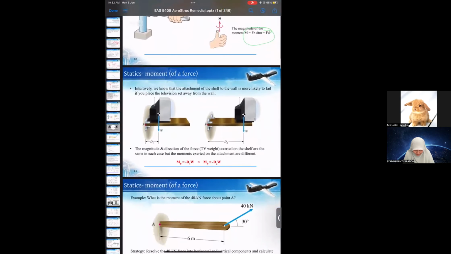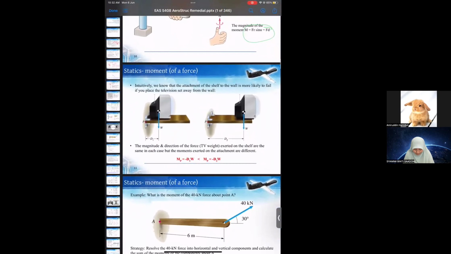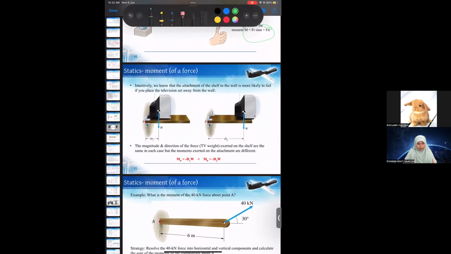For example, if we have a television attached to the wall, normally we will locate the television as close as possible to the wall, right?